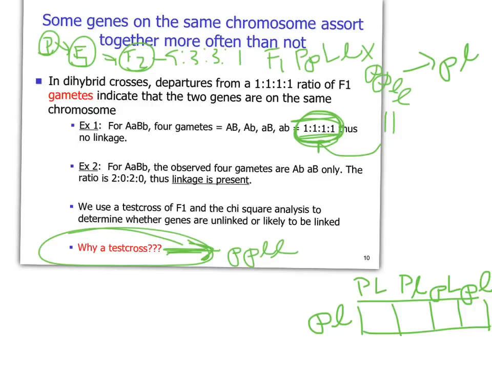If we fill out this square, we'll see there's one of this type, one here, one here, one here. That's a 1 to 1 to 1 to 1 ratio. If you get this exact ratio, they're not linked. That means independent assortment.